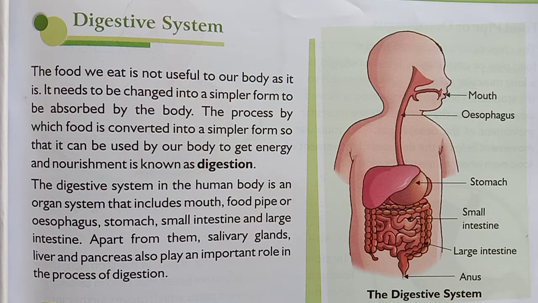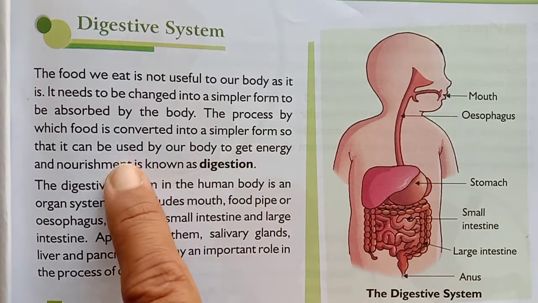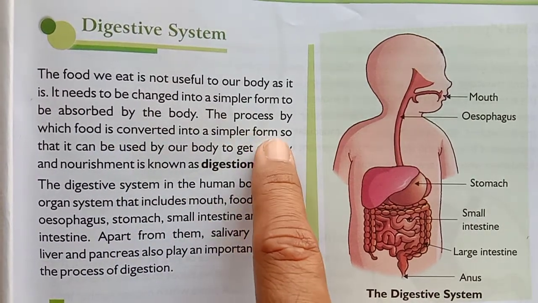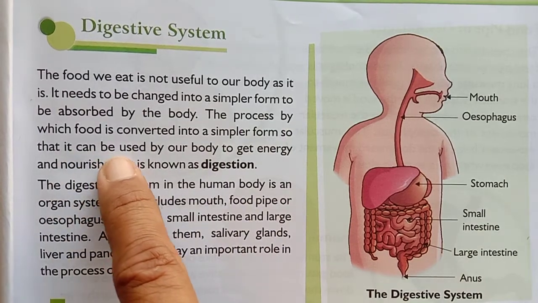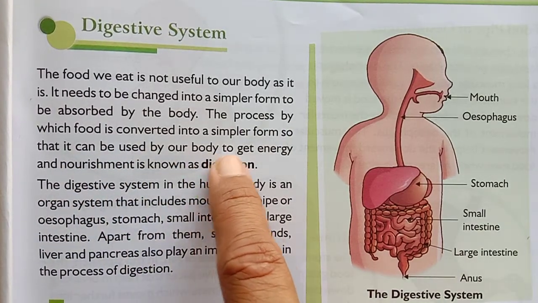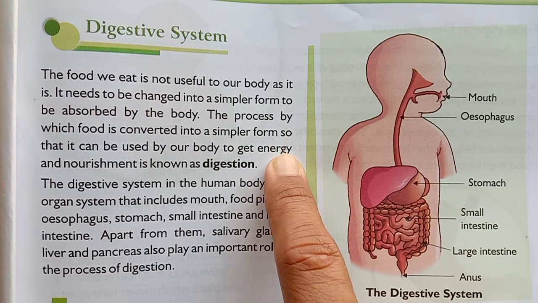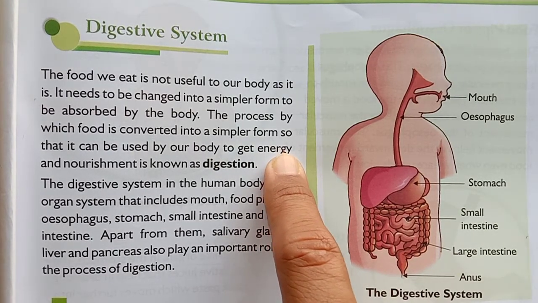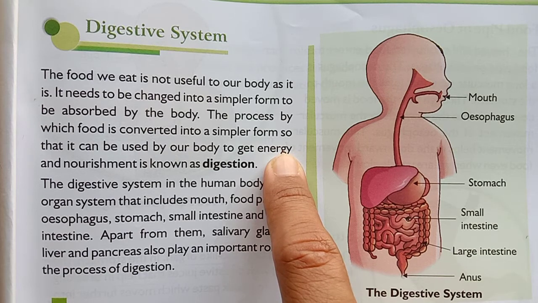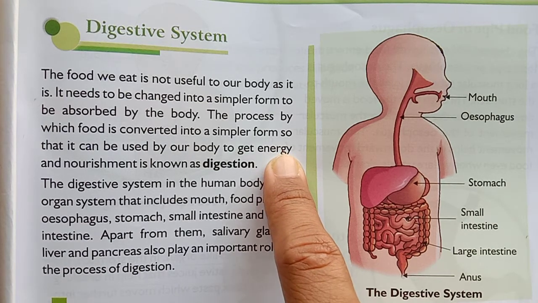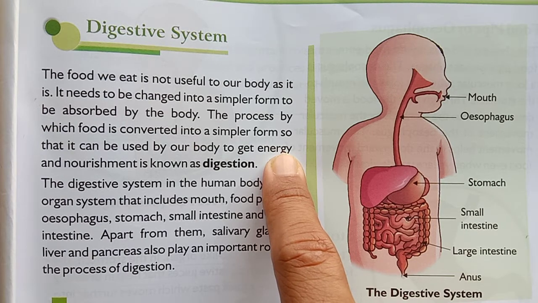Okay, students. Now the process by which the food is converted into a simpler form so that it can be used by our body to get energy. The food which we eat should be processed and converted into a simpler form so that it can be used by our body.